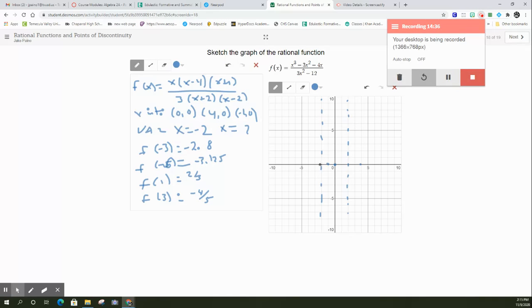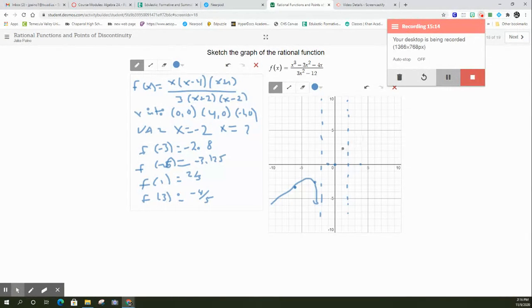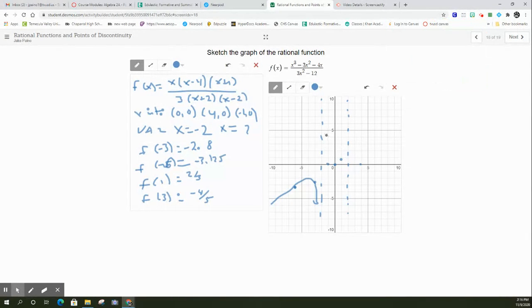Okay, so after plugging in some points, I got that negative 3 is going to be negative 2.8, negative 6 is going to be negative 3.125. So that's going to tell me that this graph is doing this. f of 1, we got 2/3, which tells me this is going to almost look like a parabola in here.